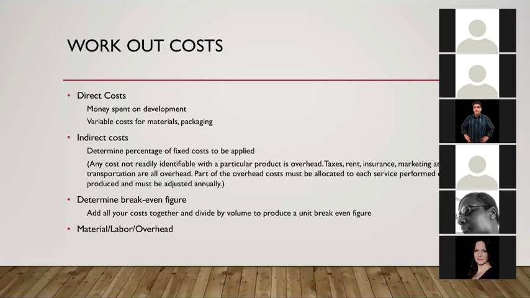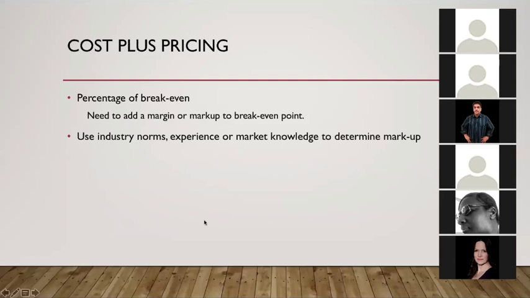You add up all your costs together and divide by the volume, which will yield your unit break even figure, and then you add a margin to it, which is another method for setting price. A little more complicated, but it's another way of doing it. Cost plus pricing, again, is a percentage of break even. This is one of the techniques. So you need to add a margin or markup to your break even point.